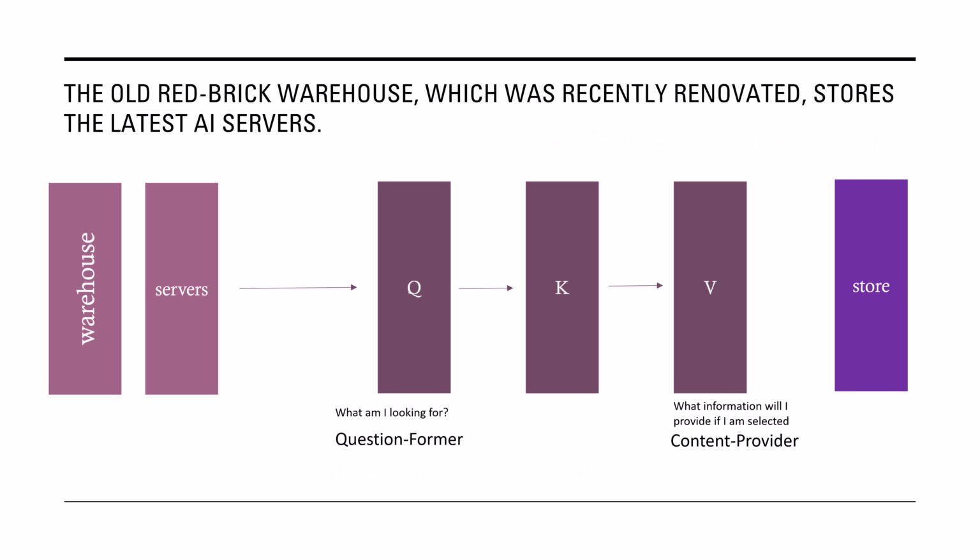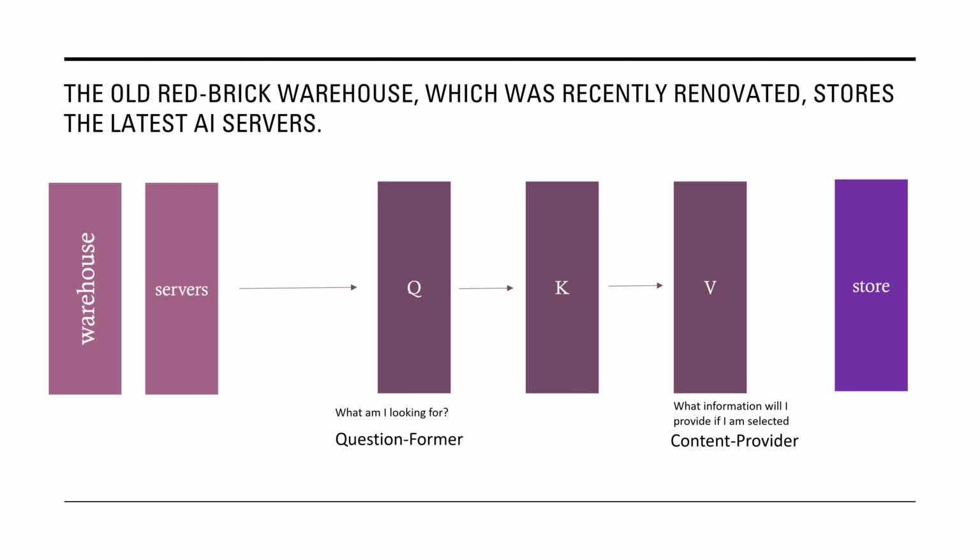The model then uses these scores as weights, and it takes a large chunk of information from the value vector of warehouse and the value vector of server, and a smaller chunk from the V vectors of renovated and red brick. All this gathered information is combined into a new single vector that represents stores.